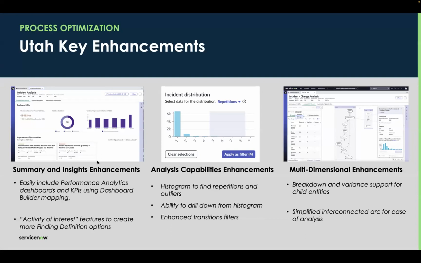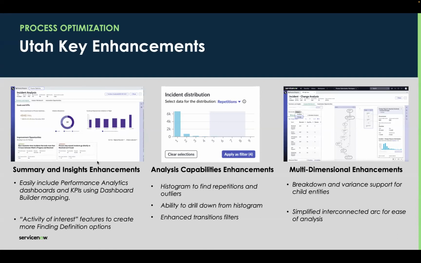The key enhancements we'll focus on today are, one, the ability to create a custom dashboard and easily add it to a process optimization project. Something we call activities of interest that'll allow you to create more robust finding definitions. We've improved the histogram capabilities, including the ability to drill down.